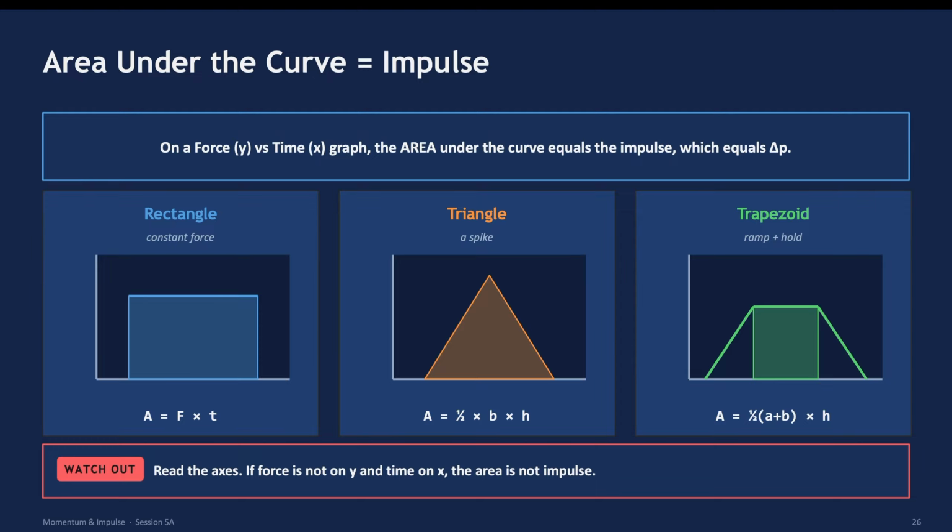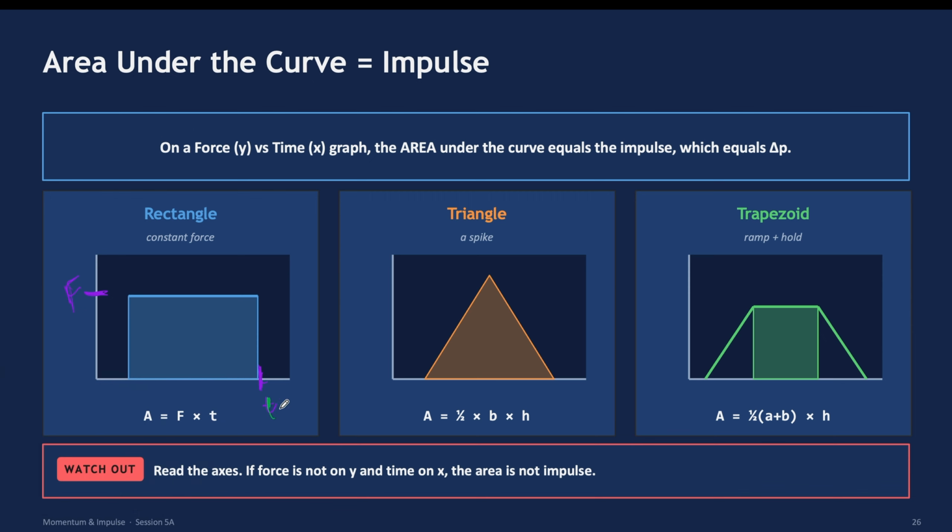So first, let's look at the area under the curve of impulse. For example, force versus time graphs. That's what the name is, right? So we can assume there's time here and force here.